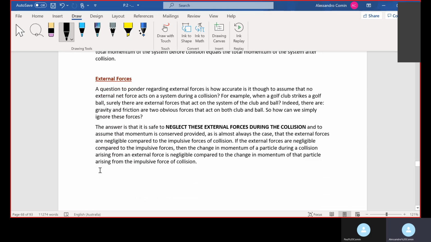External forces. A lot of what we've been discussing regarding the law of conservation of momentum is how this only holds if there are no external forces. But let's think about it. Aren't there external forces everywhere? Like when a golf club strikes a golf ball, surely there are external forces that act on the system of the ball and the club.